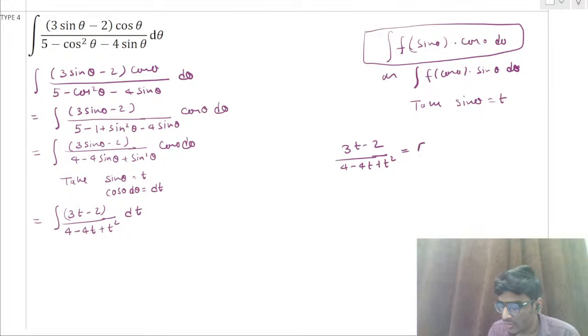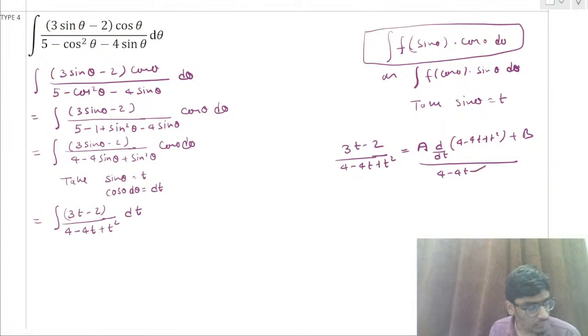We are going to write it as a times the derivative of 4 minus 4t plus t square, plus b, whole upon 4 minus 4t plus t square.